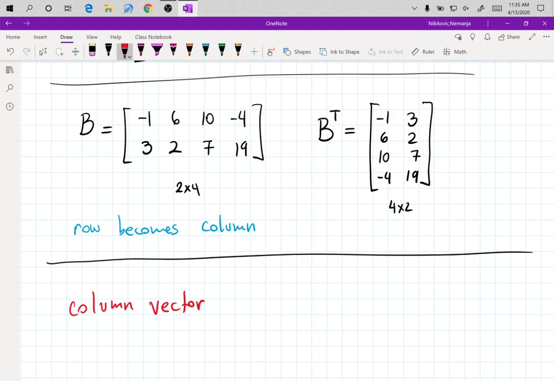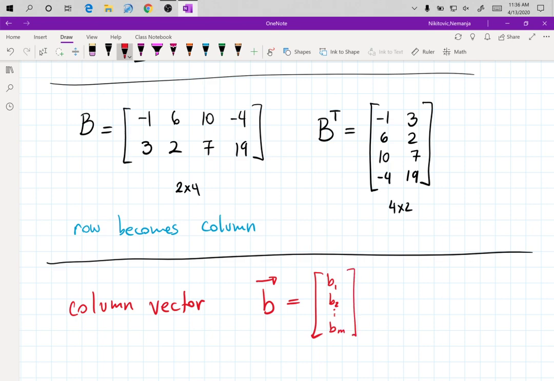Remember, the uppercase letter was a matrix, lowercase letter was the entry or element of the matrix, but now we have another lowercase representing the whole row or column, and because those are row or column vectors, we are going to put a little arrow on top so we know what we are talking about. So column vector B with arrow on top is going to be some column vector like this, B1, B2, all the way down to BM.